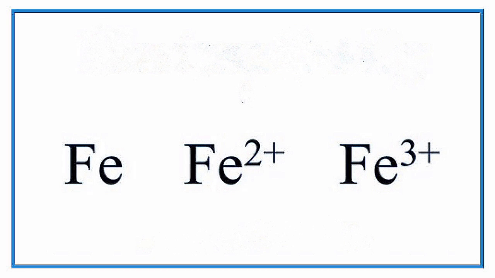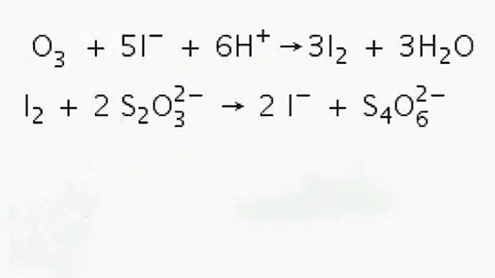It was 0 before, now it has become +3. As simple as that. The change in oxidation number is that iron has moved from 0 to +3. That is what change in oxidation number is about. Just simple, for you to understand the concept of whether it is gaining or losing electrons.